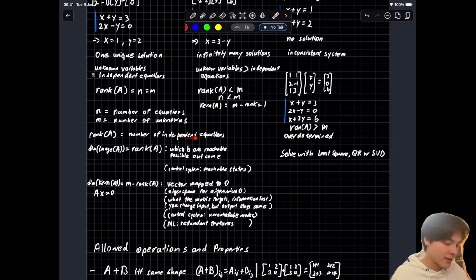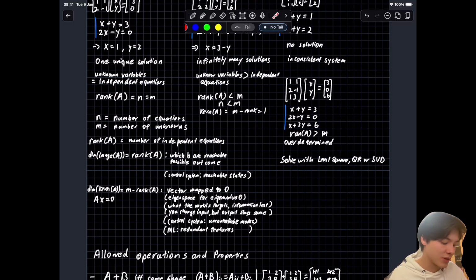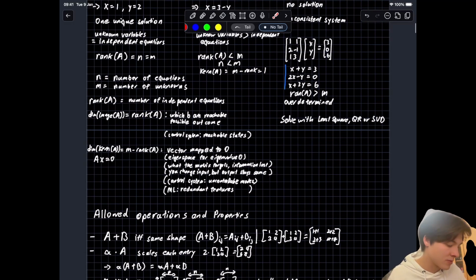Rank is the number of independent equations, which is also the dimension of the image, our output space, basically. So which b's are reachable, which outputs are reachable states in control systems.